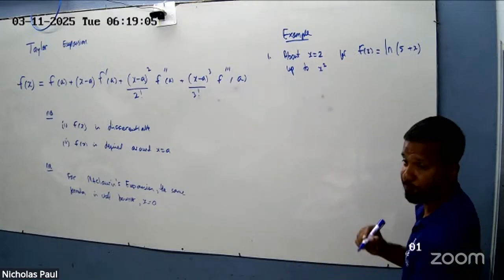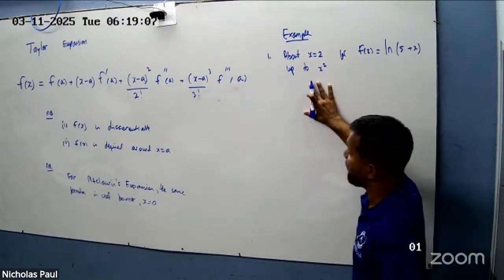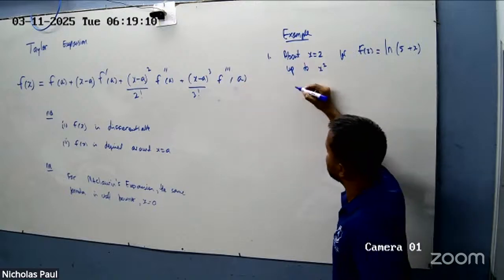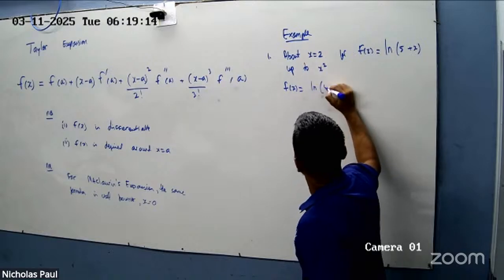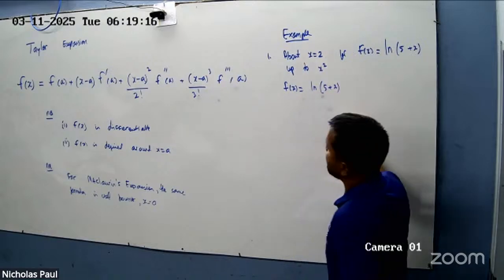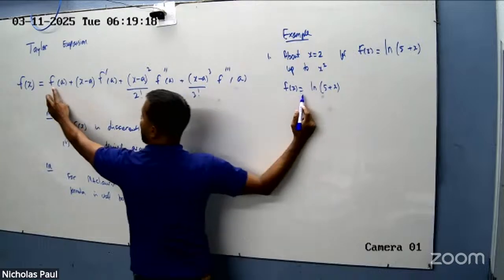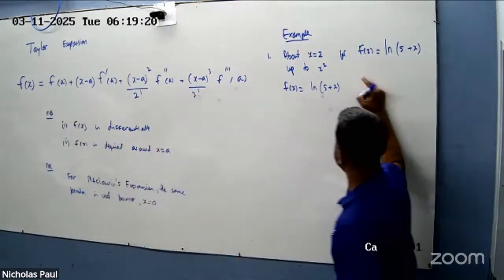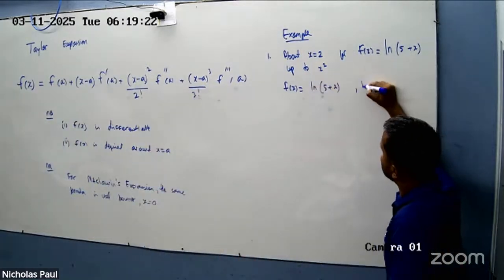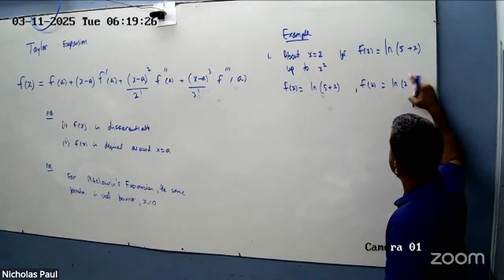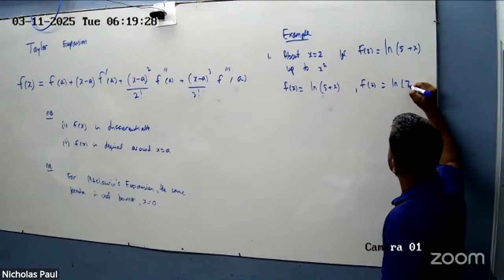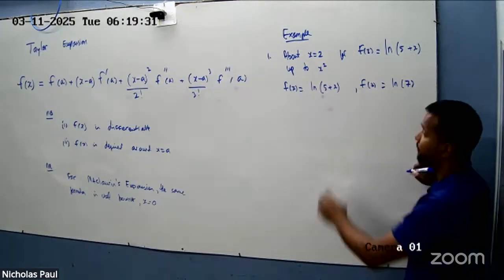If you don't write the formula down, all you're doing is this. You write down what's f of x, which is ln of 5 plus x, and the first part of the formula is f of a. So a is 2. I want you to find f of 2. Your answer is ln 7. All okay with that? 5 plus 2, 7.